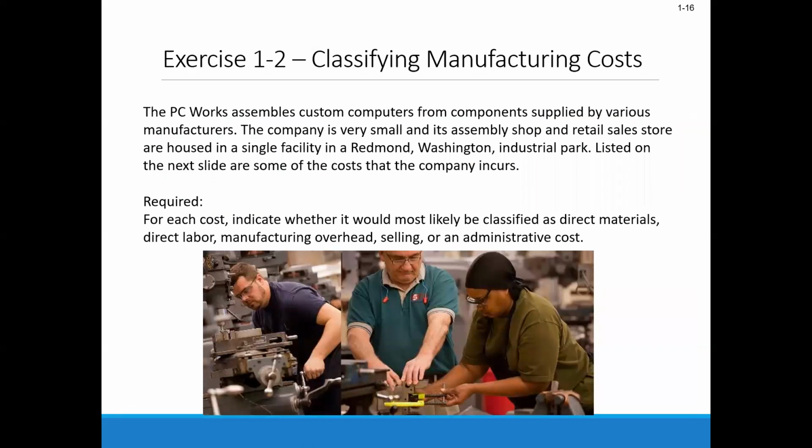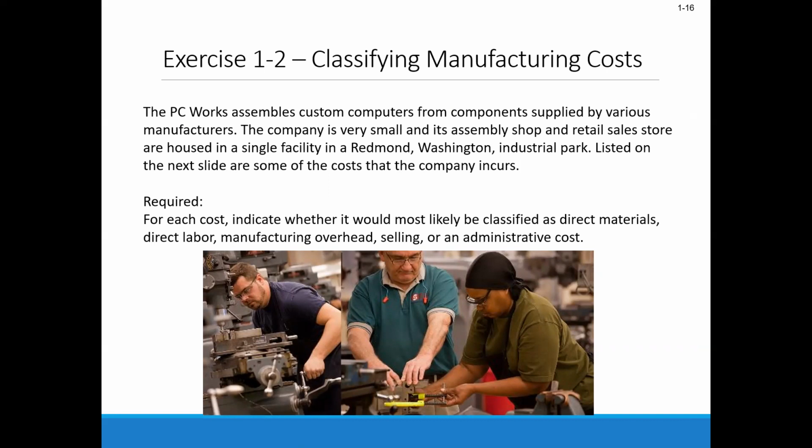So, classifying manufacturing costs. The PC Works assembles custom computers from components supplied by various manufacturers. The company's small and its assembly shop and retail sales store are housed in a single facility in a Redmond, Washington industrial park.